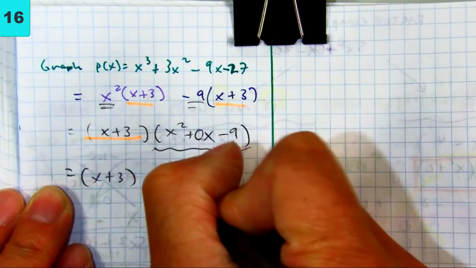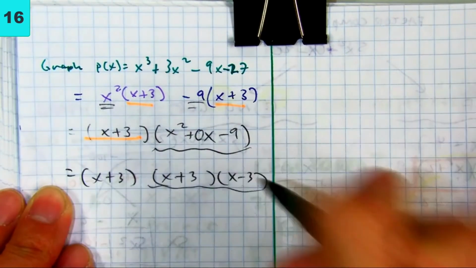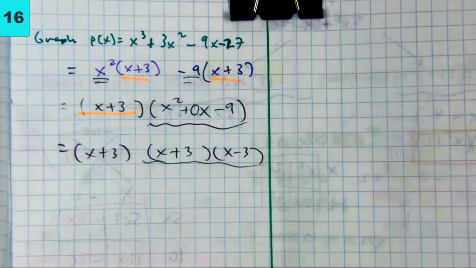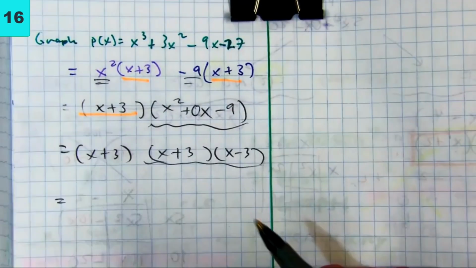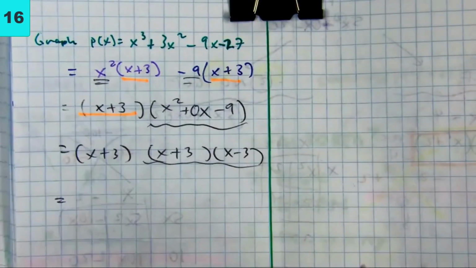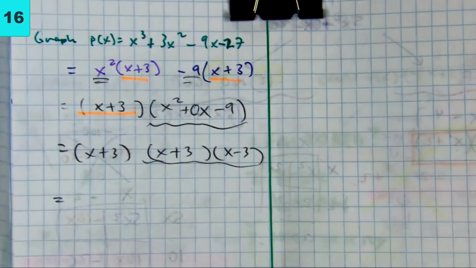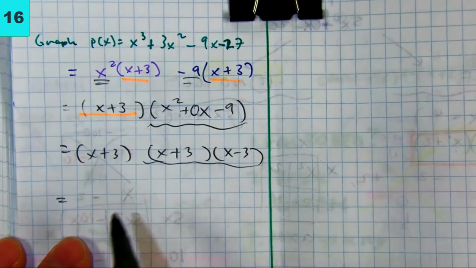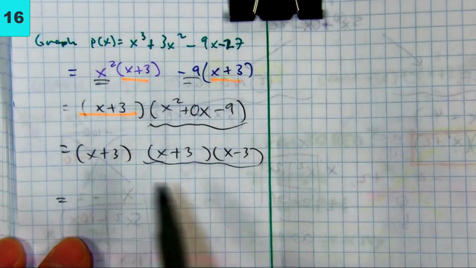So x plus 3, x plus 3, x minus 3. And then you notice that you have something called a perfect square trinomial. Those x plus 3s, you have 2 of them. Well, you can put them together. Let's go ahead and do that.